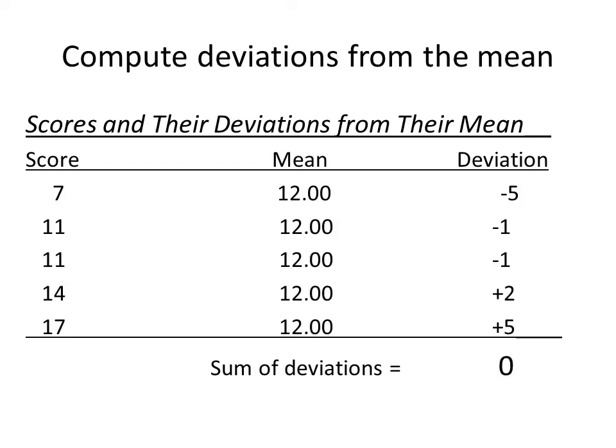Well, if we compute deviations from the mean, here in this table, you see that the scores are listed in the column under score. We have a mean, and then what we do is we subtract the mean from each one of the scores. So if we subtract 12 from 7, we have a deviation of -5.